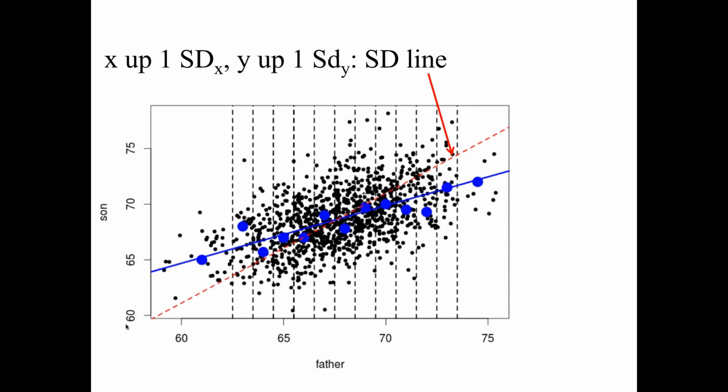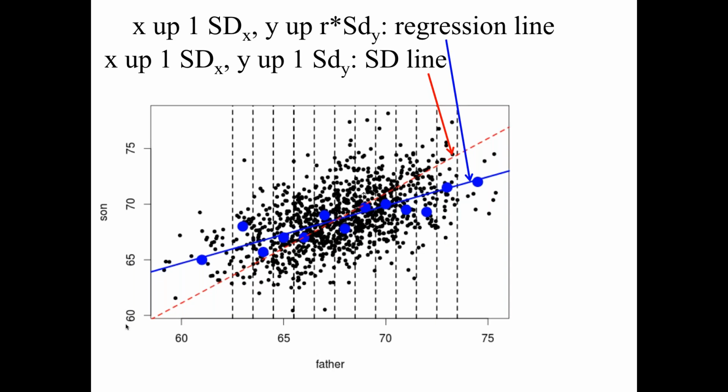So the SD line is go up by one SD on X, go up by one SD on Y. Regression line, go up by one SD on X, go up by a fraction of an SD on Y. That fraction is exactly the correlation coefficient. The difference between those two is the regression effect.